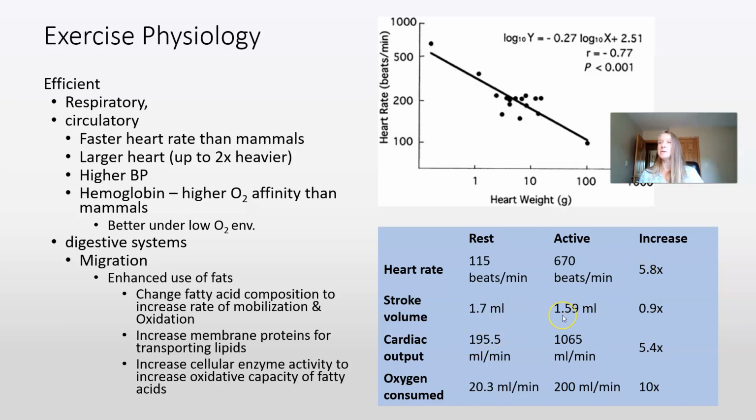Their stroke volume, how much blood they're moving, and the cardiac output really can increase. And then the amount of oxygen that they can consume. They can be so efficient. At rest, the values are really low, but they can increase the amount of oxygen they consume during high activity like flight or migration by 10 times.